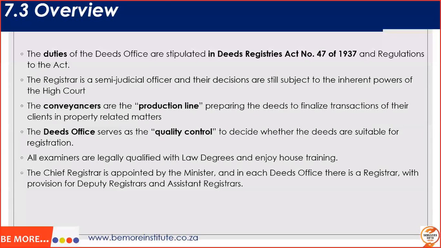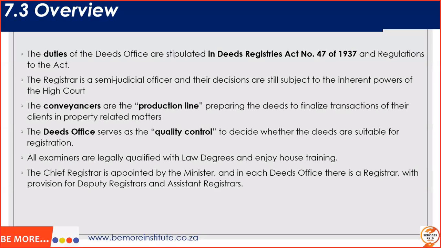So we look at the conveyancers as the production line. Like I said, they do all the checks in advance before they lodge, when they are preparing the deeds to finalize transactions for their clients, and then the deeds office serves as the quality control to decide whether the deeds are suitable for registration. All the examiners in the deeds office are qualified with law degrees and they enjoy in-house training.